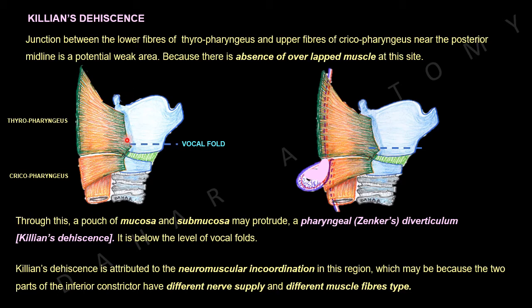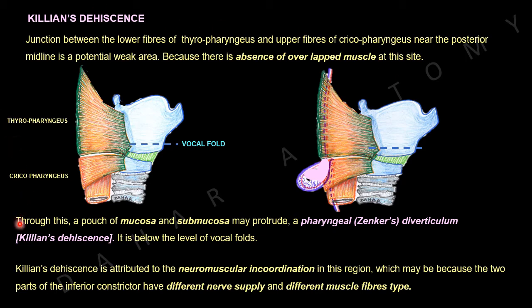So, Killian's dehiscence: the junction between the lower fibers of the thyropharyngeus and the upper fibers of the cricopharyngeus near the posterior midline is a potential weak area. That is, the junction between these fibers and these fibers is potentially weak because there is absence of overlapped muscle at this site.